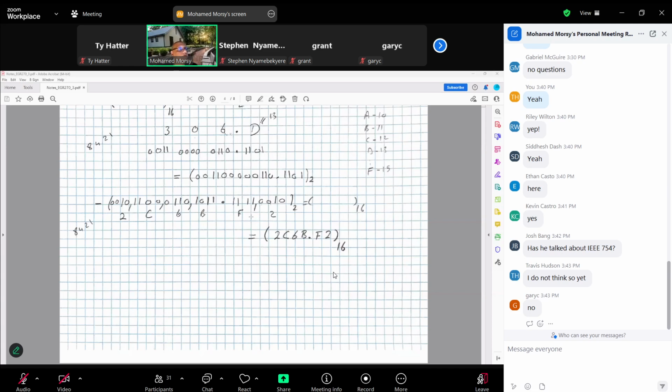So 0, 1, 0, 0 is one group, 1, 1, 1, 1 is another group. 0, 1, 0, 0 is 2, 1, 1, 1, 1 is 15, which corresponds to letter F. So to put the result here in sequence, it's 2C6B point F2.